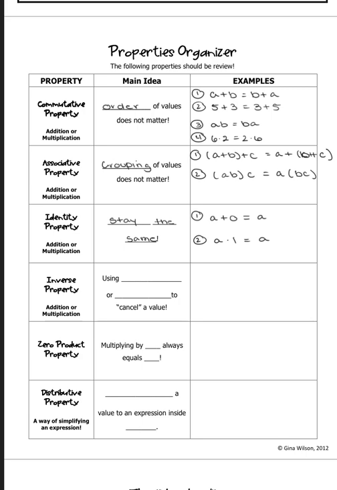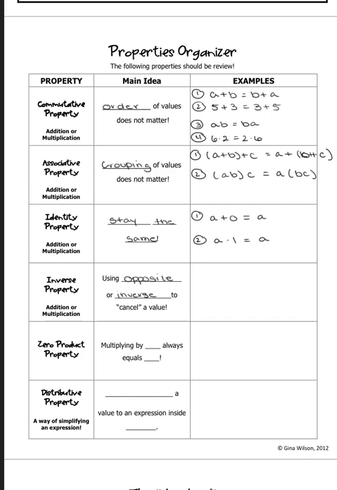For the inverse property, we use opposites or inverses to cancel a value. When we're solving an equation, if we want to move a positive 4 over to the right side of the equation, we have to use the opposite, or the inverse.